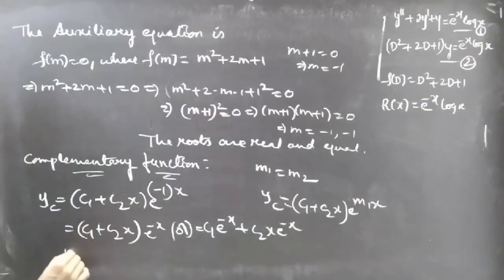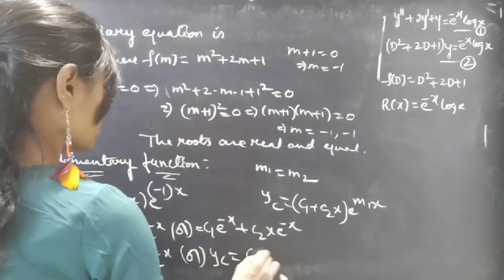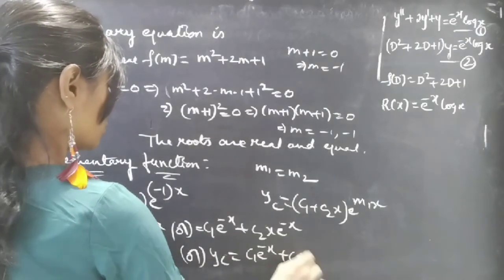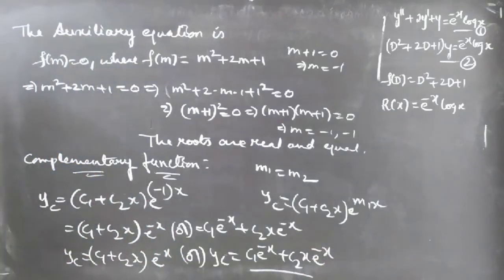Therefore yc equal to c1 plus c2x into e power minus x, or yc equal to c1 e power minus x plus c2x e power minus x. For the time being, I'll take the second one.